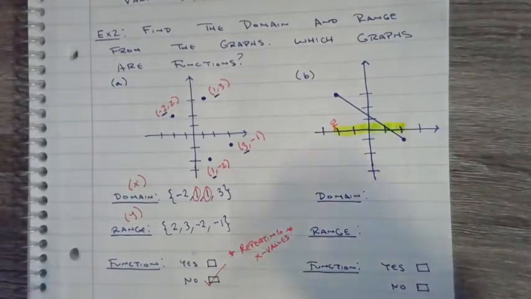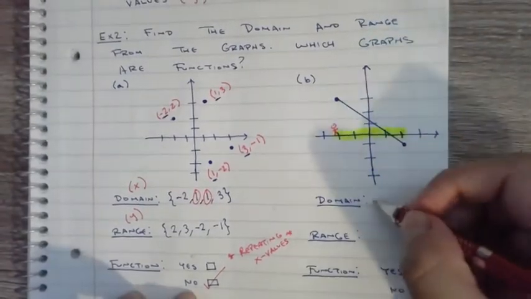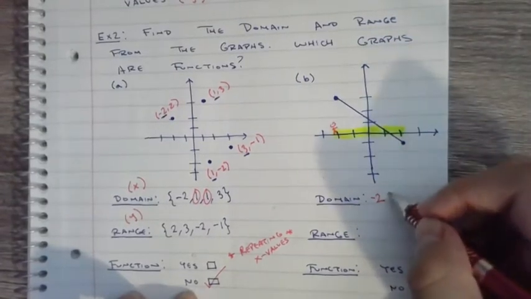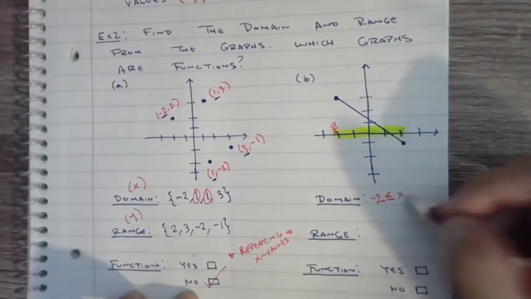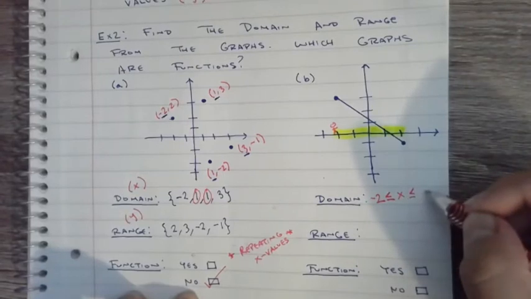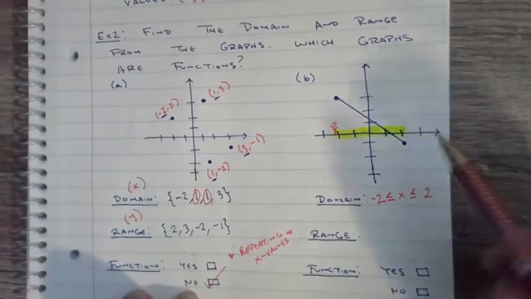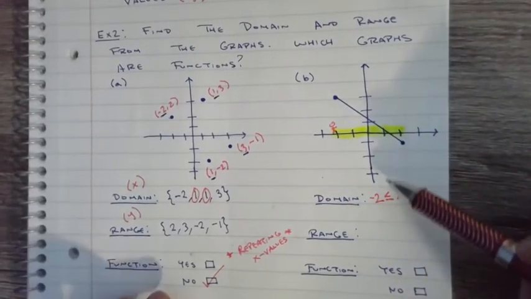So therefore, the lowest one we have is negative 2. And then, since this is a closed circle, you put is less than or equal to x, and then that is less than or equal to 2. Now, why do we put the less than or equal to? Remember, because these are closed circles, so these right here will cover them. Okay, so that's your domain.